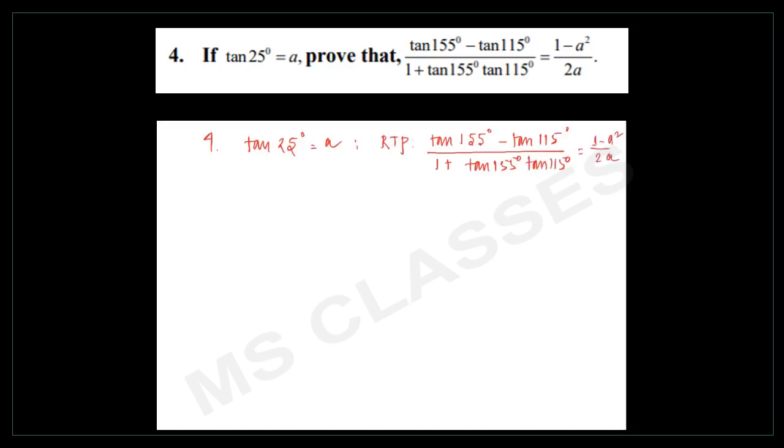Now it's a very simple sum, because the logic is very simple. We are given two angles, 155 and 115, which you have to express in terms of 25. This is the given value.